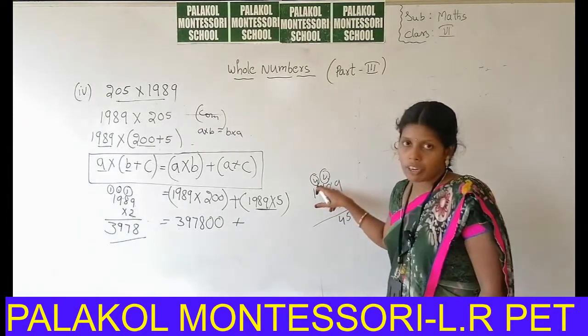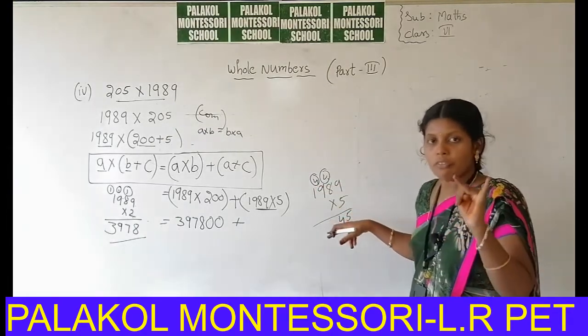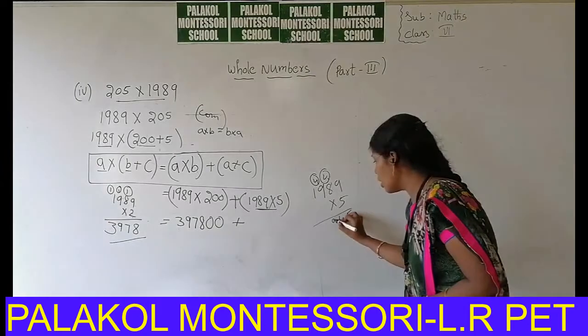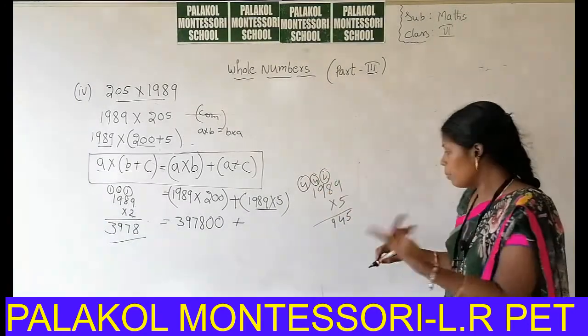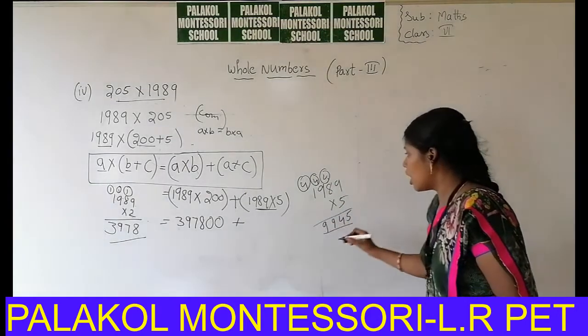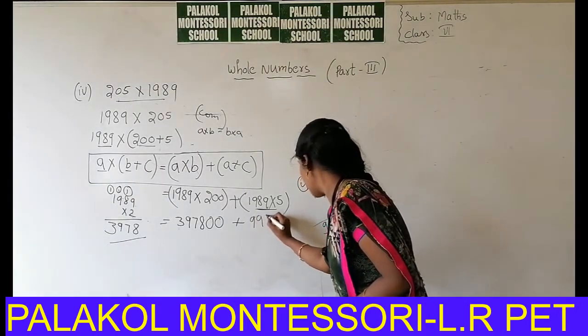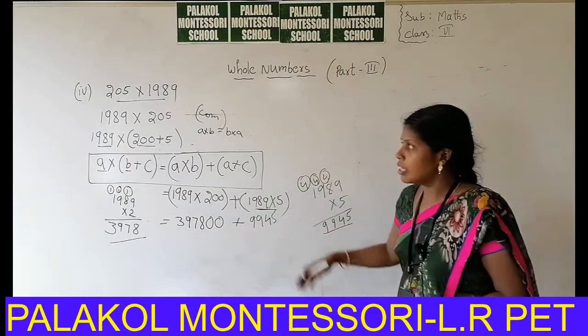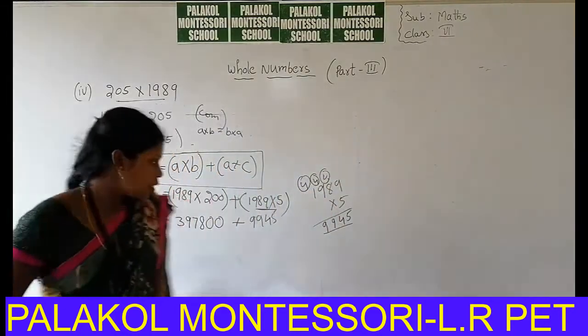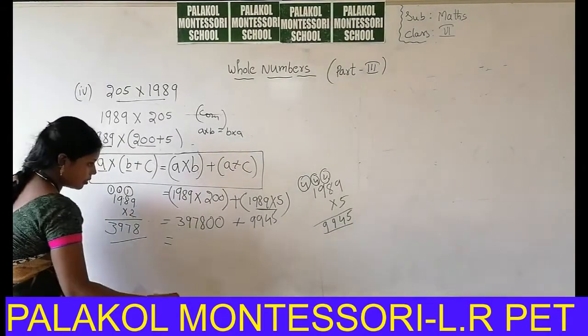We add 45 to the 4, that is 49. So you write 9 and 4 on it. 5 ones are 5. 5 plus 4, 9. So the answer is 9945. So we can add these two numbers and the result will come.